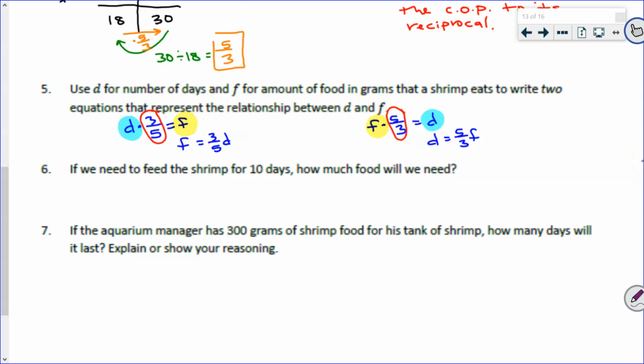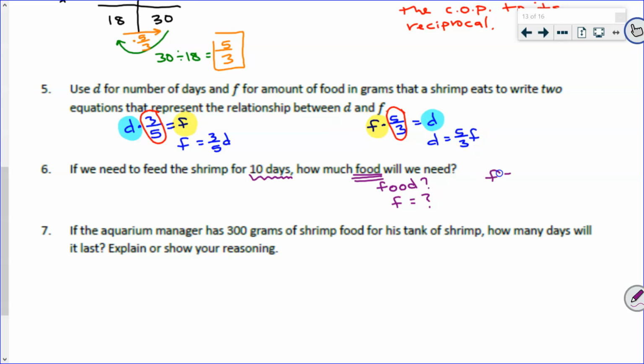So when I read through this, I see if we need to feed the shrimp for 10 days, how much food will he need? So the real question that we're asking is how much food, right? Or what is F going to be equal to? So when I take a look at this equation, I can see that F is all by itself. That's the equation that I want to use.